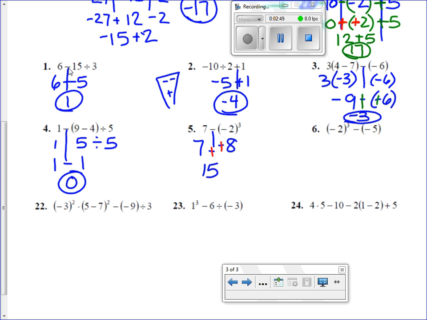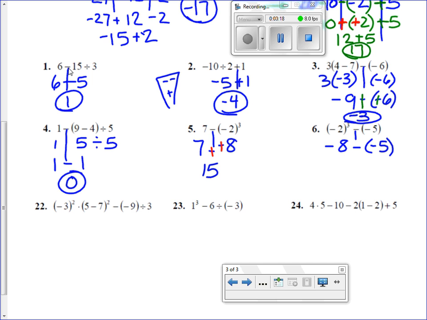Negative 2 to the third power minus negative 5. Negative 2, we just did it in problem number 5. Negative 2 times negative 2 is positive 4. Positive 4 times negative 2 is negative 8. So I have negative 8, and then it's going to be minus negative 5. Now again, I can't subtract.